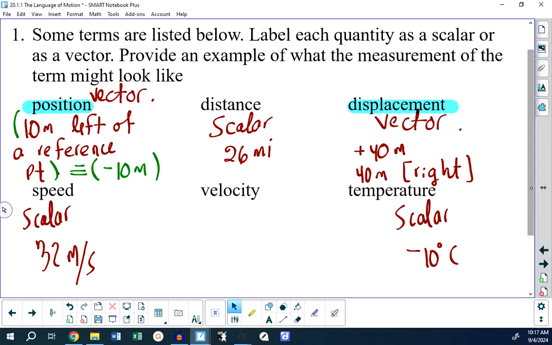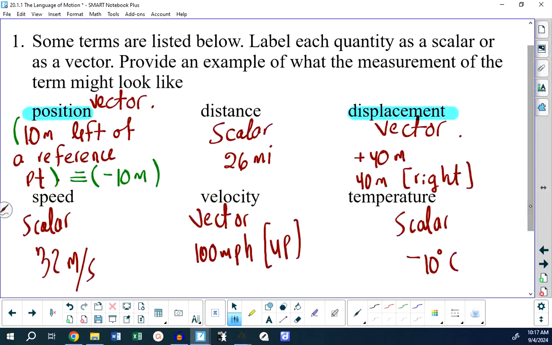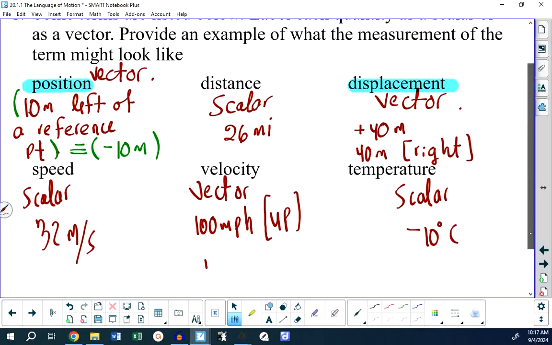Velocity obviously is a vector. And we're not going to get into any real details here today. Let's say 100 miles per hour up. Directions are very often put in square brackets. By the way, if I had 100 miles per hour up, I could write positive 100.